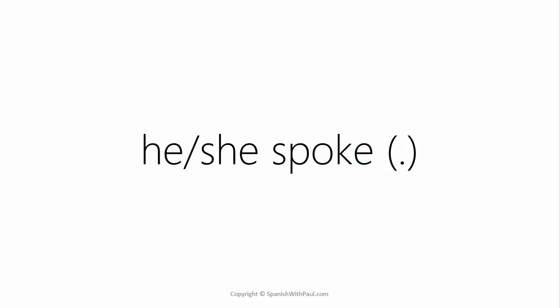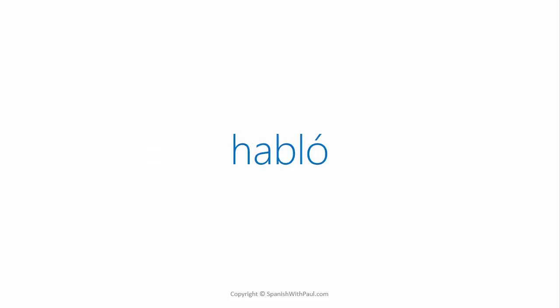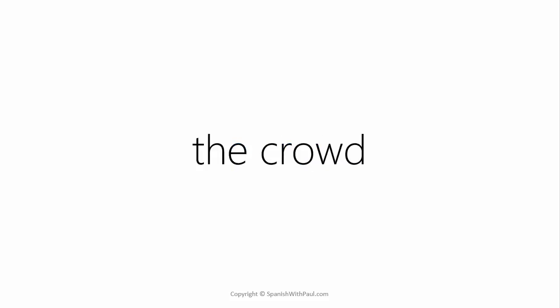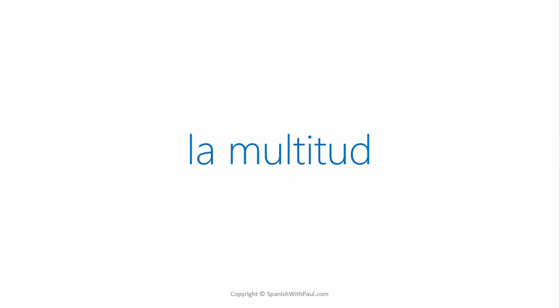Let's do another example. He or she spoke, as a dot past with hablar would be habló. He spoke or she spoke. And the word for the crowd would be la multitud, literally the multitude. Before, and I'm sure you've heard in various texts, he spoke to the multitudes.